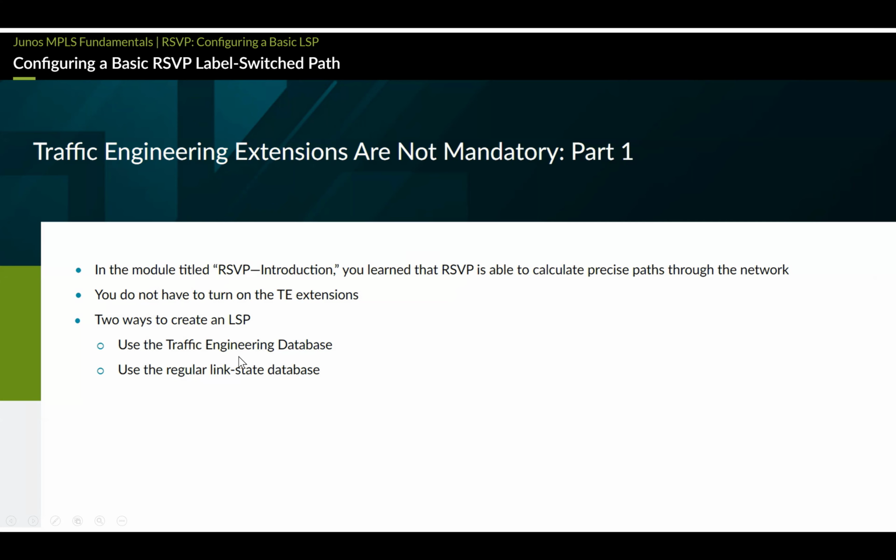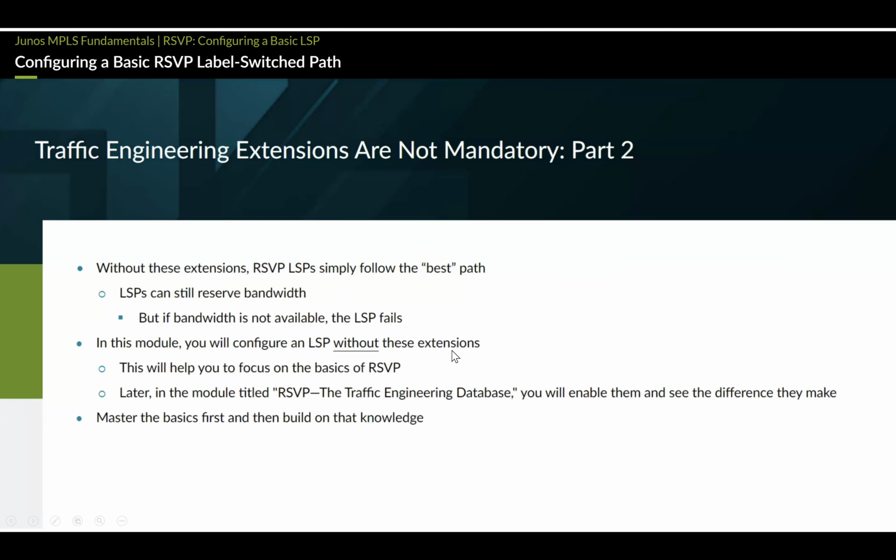How to create an LSP? Use the traffic engineering database, this is one solution, and another is to use the regular link state database, which basically comes from IS-IS. But in RSVP, they have their own definition to install a traffic engineering path.